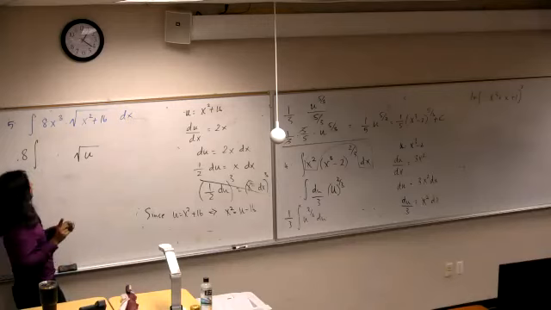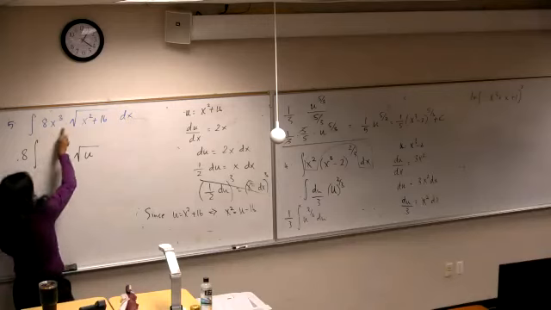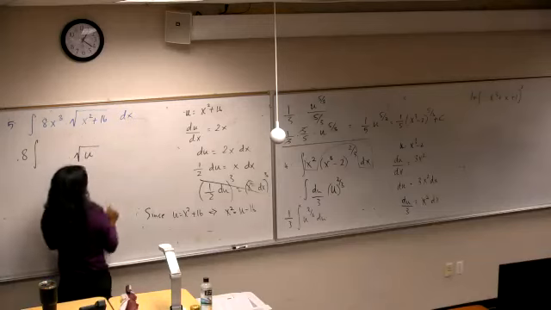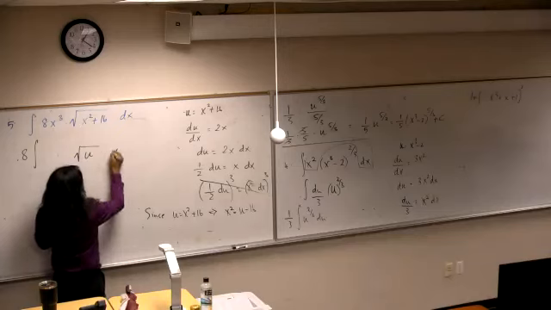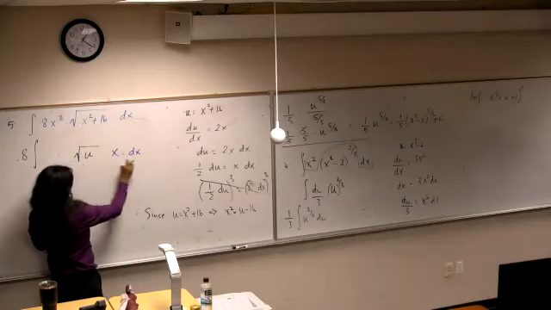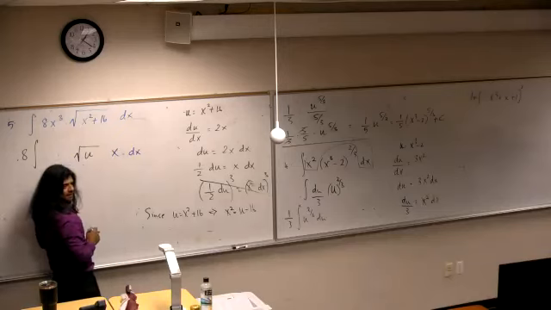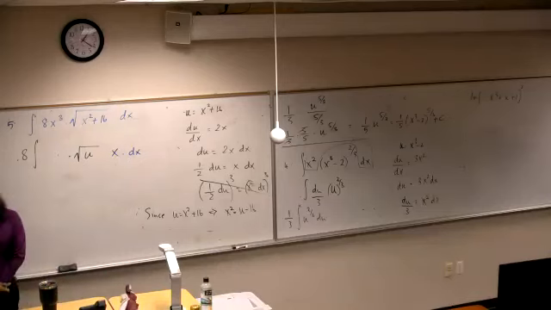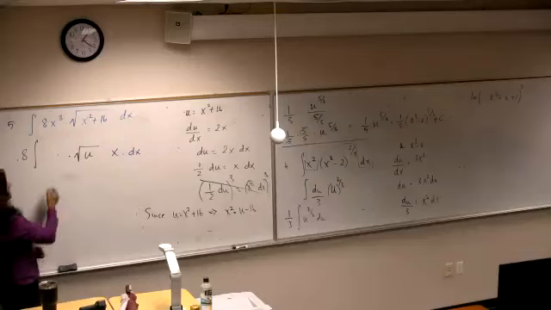Agreed? If I took an x from x cubed and put it over here with x dx, what will be there? x squared. Alison says x squared.